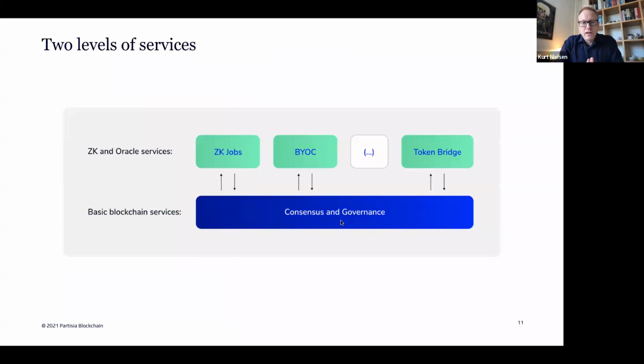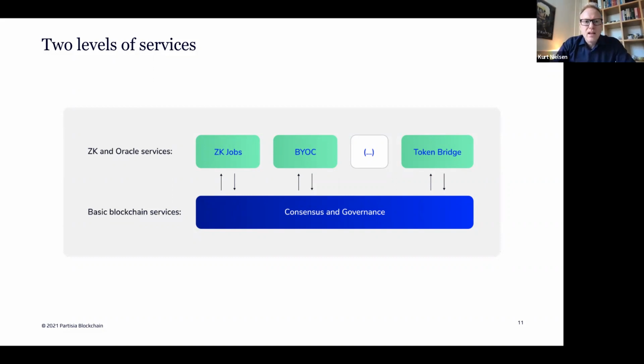So the network, and the service, is divided into two. We have the basic blockchain service, consensus and governance, and then we have these specialized services on top of that. That's the zero knowledge computation, bring your own coin, and token bridges, and more is coming.